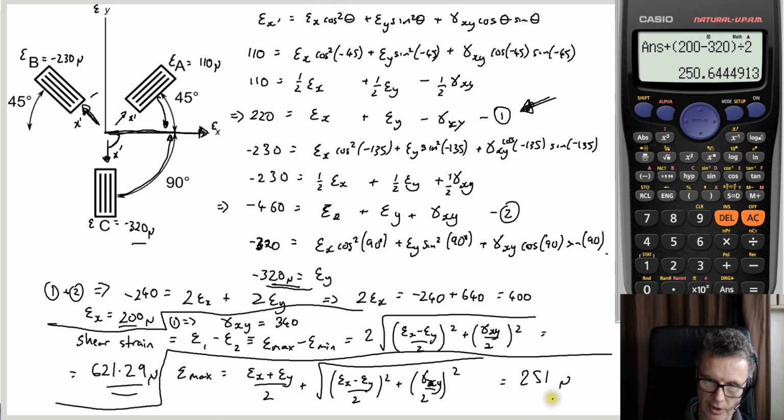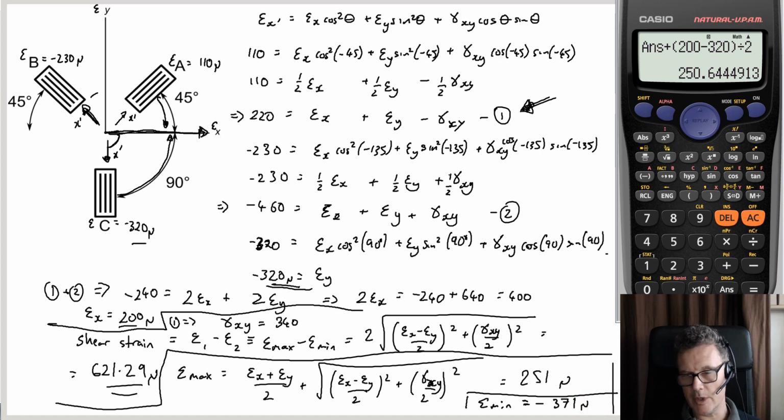If you want to try that, you'll get min strain is minus 371 microstrain. So notice that it's minimum in the sense that it's the most negative, max it's the most positive. Bit of a mess, I'm afraid, but hopefully that helps you to examine what to do when you are faced with a Rosetta gauge.